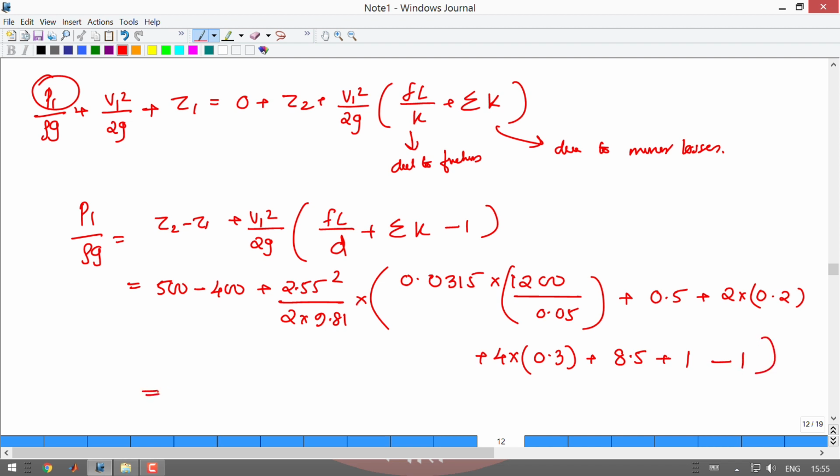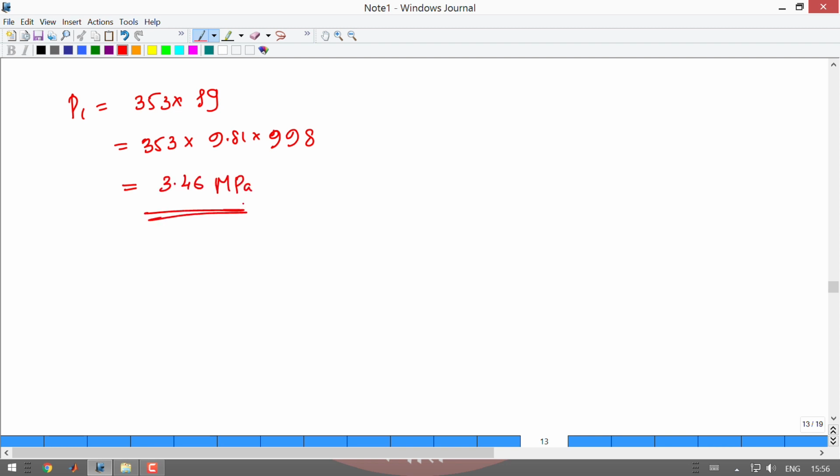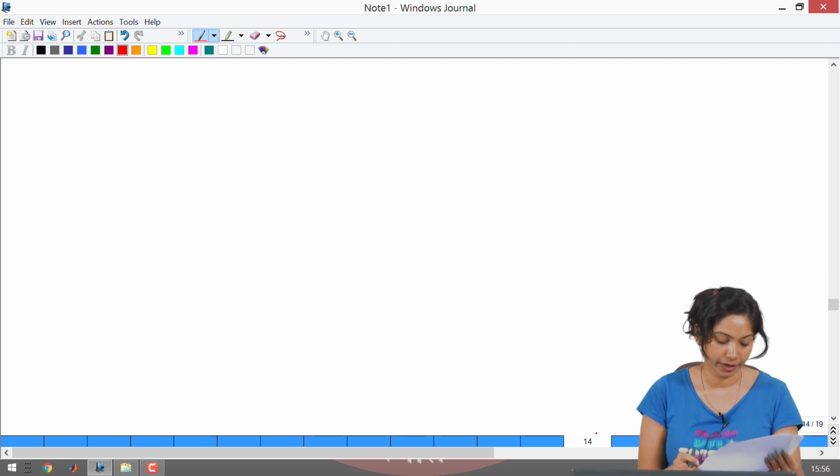After doing the calculation, you will get 353 meter, and from that we calculate P1. P1 equals 353 into rho g, which is 353 into 9.81 into 998, equal to 3.46 megapascal.